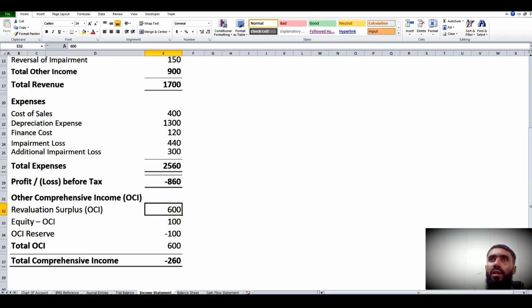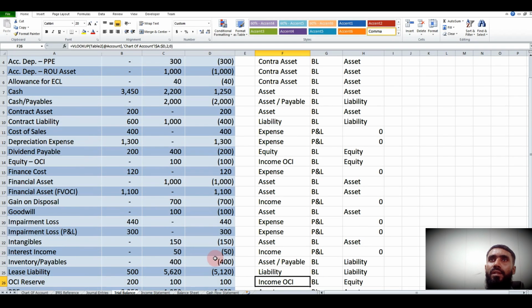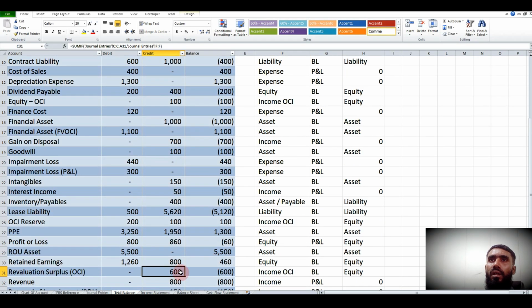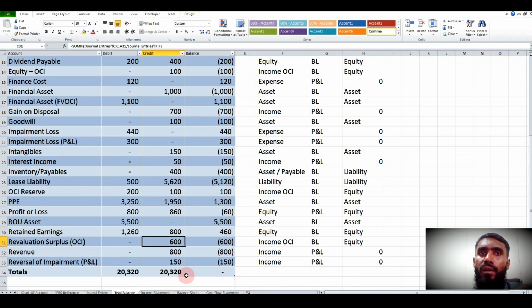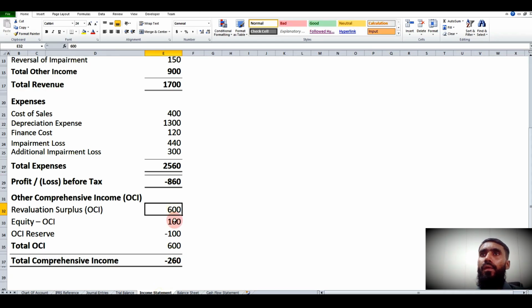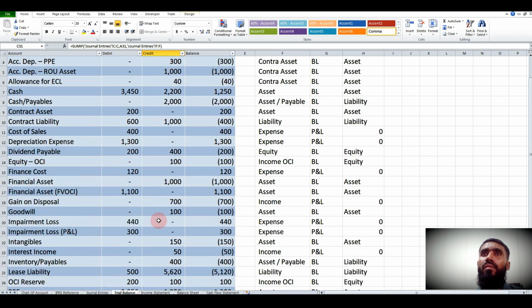Other comprehensive income shows me that revaluation surplus is 600. Here is the revaluation surplus 600, there is 600 in equity. Other comprehensive income reserves, negative 100.